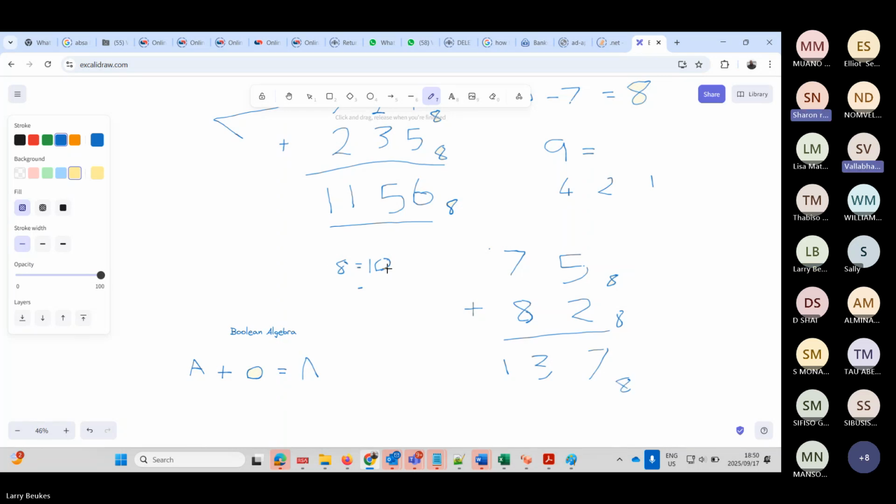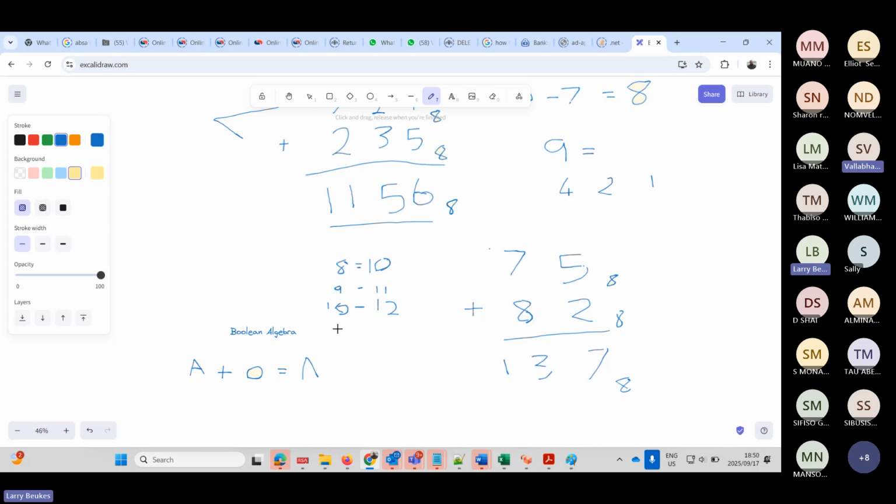Very simple. 8 is 10, 9 is 11, 10 is 12. So the difference is just 2 here. So from this 15, I can just minus 2 and put a 13 here.